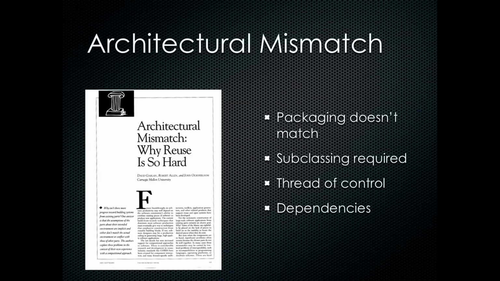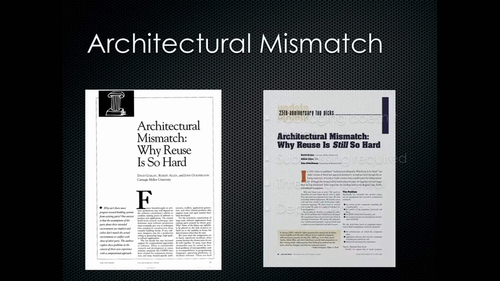One of the reasons it's not happening is architectural mismatch. This was a paper written, I think, in 1995, and you would think that we fixed this by now. Well, in 2009, there was the follow-up paper, why reuse is still so hard. And really nothing has changed.